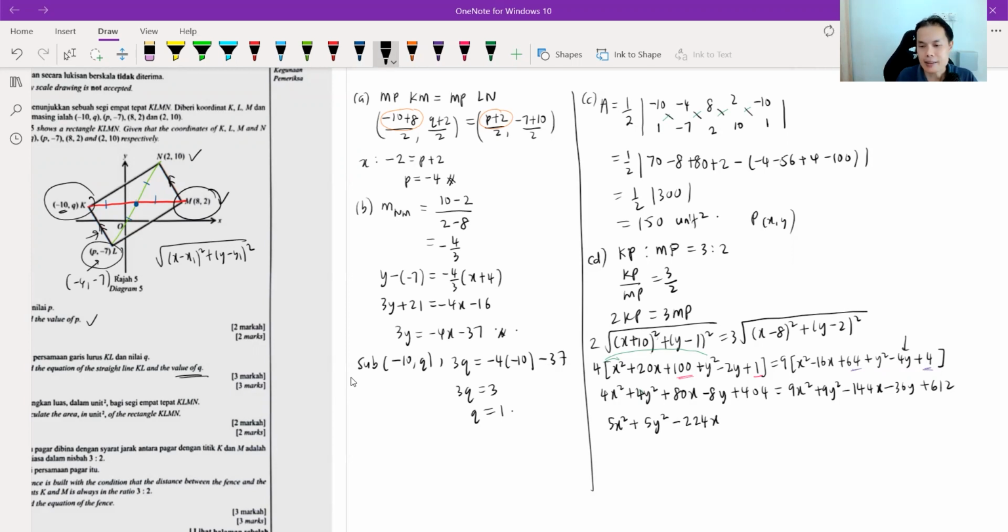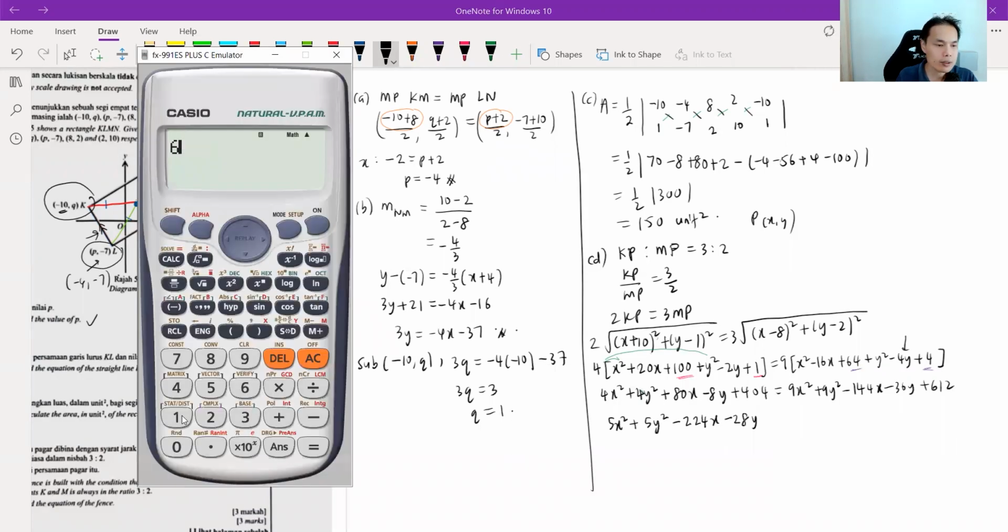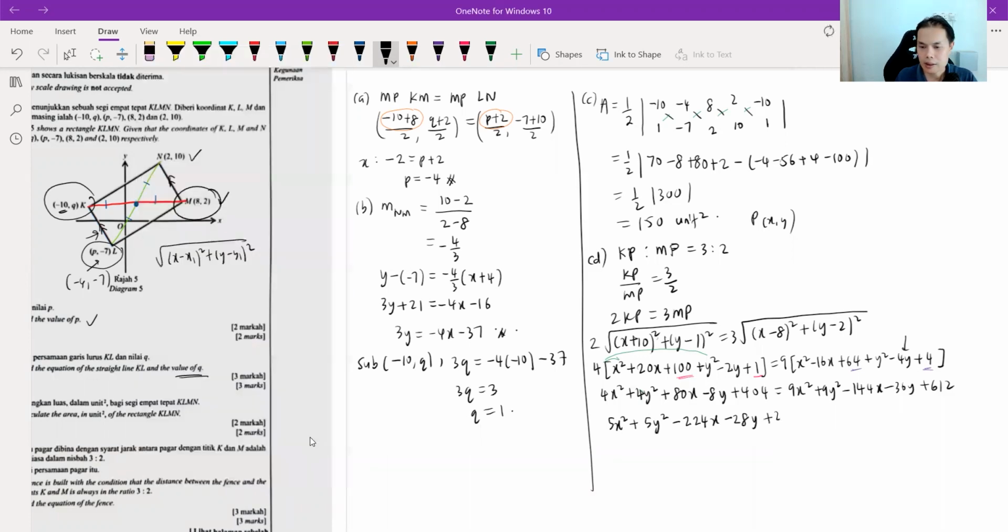And then minus 36 plus 8 is minus 28y. And lastly, 612 minus 404, you get 208. There you go. That is your equation of locus representing the fence.